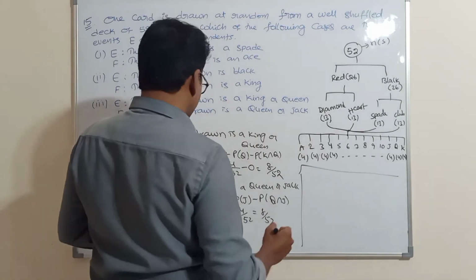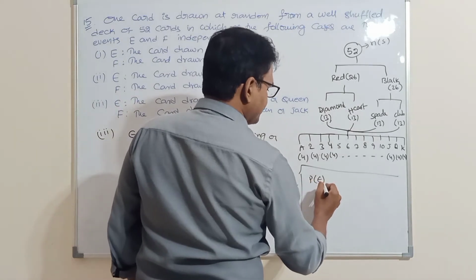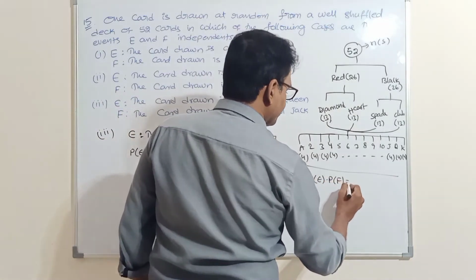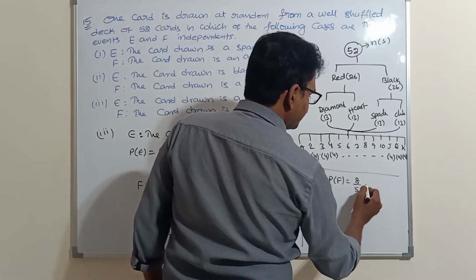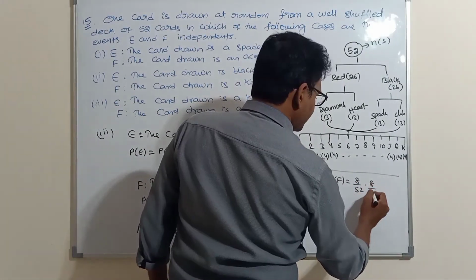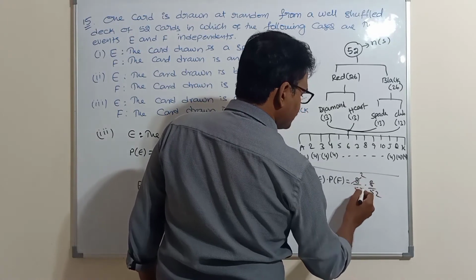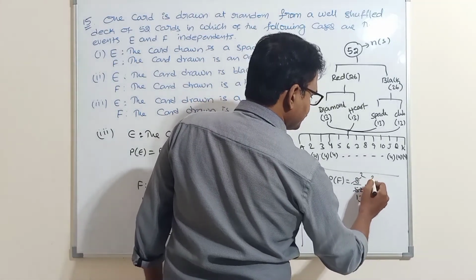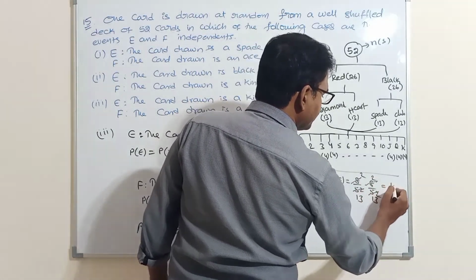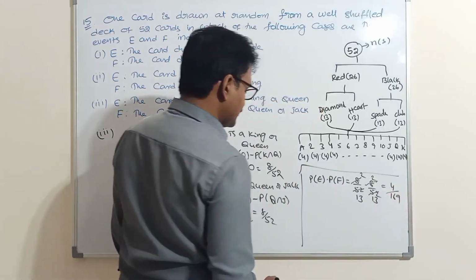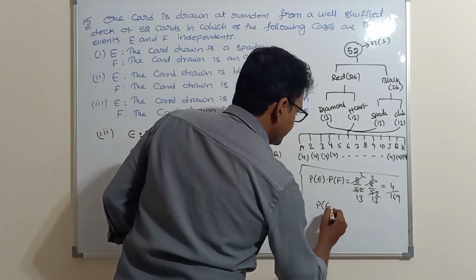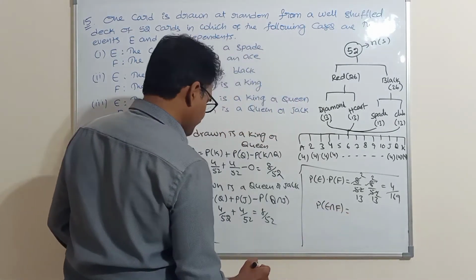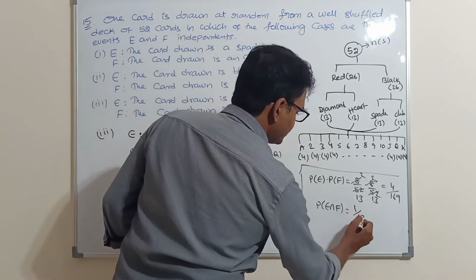Next, what is P of E into P of F? What is P of E? 8 by 52 into 8 by 52. 4 2s are 4 13s are 4 2s are 4 13s are 4 by 169. Next, what is P of E intersection F value? P of E intersection F is equal to 4 by 52. That means 1 by 13.